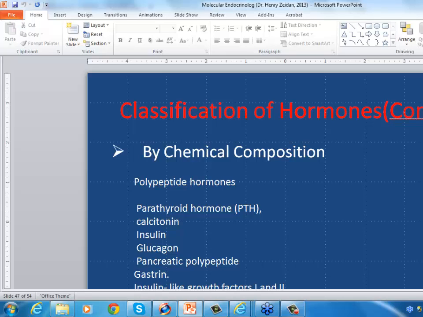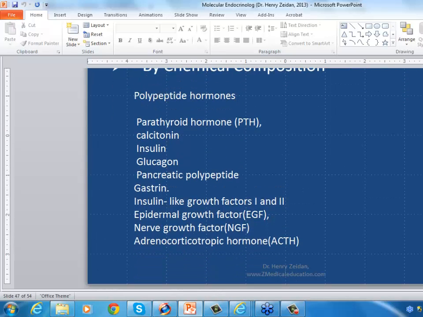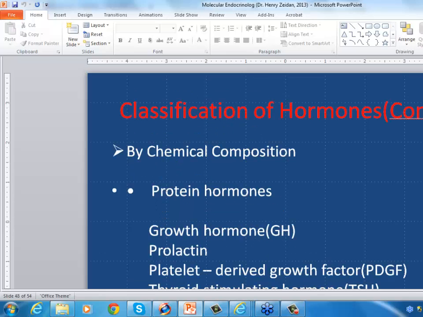Polypeptides, you can see the list here of hormones that function as polypeptides: PTH, calcitonin, insulin, glucagon, pancreatic polypeptide, gastrin, insulin-like growth factors, epidermal growth factor, nerve growth factors, ACTH, all of those are considered polypeptides.